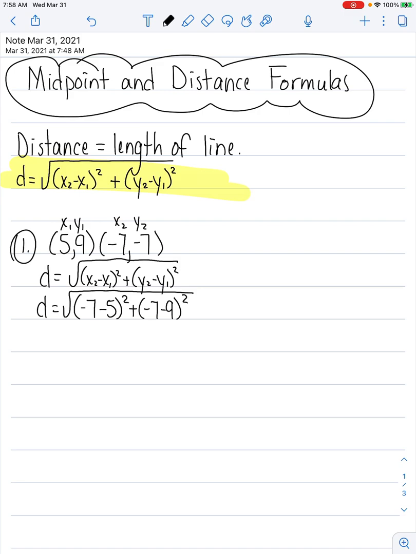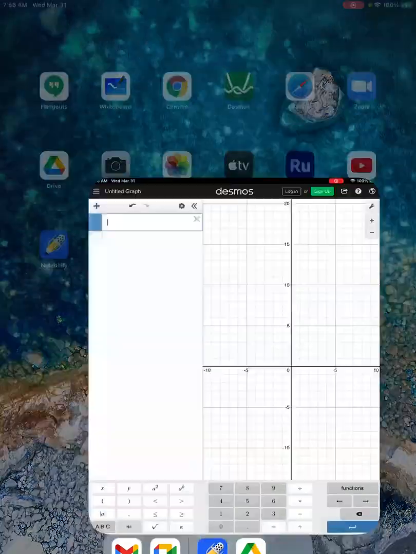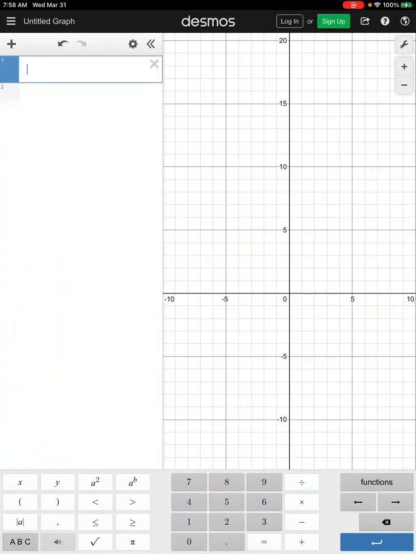Now, I could work this out, and that is perfectly fine step by step, but I want us to use Desmos. So let's open our calculator. First, you can type it in exactly as it looks.